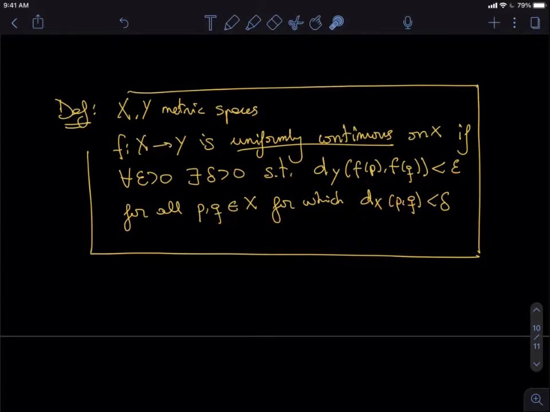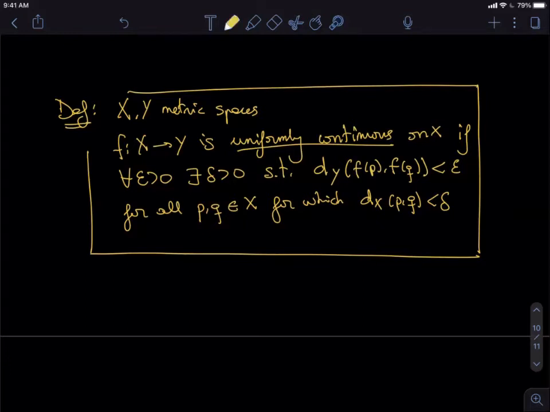Notice that what we did before was to somehow fix p and then move the q's around p, and then delta depended on p implicitly, but we didn't emphasize that. Now, here there is one delta, and that delta has to work for every pair p, q that we choose in X. That's the difficulty, that's the key point.